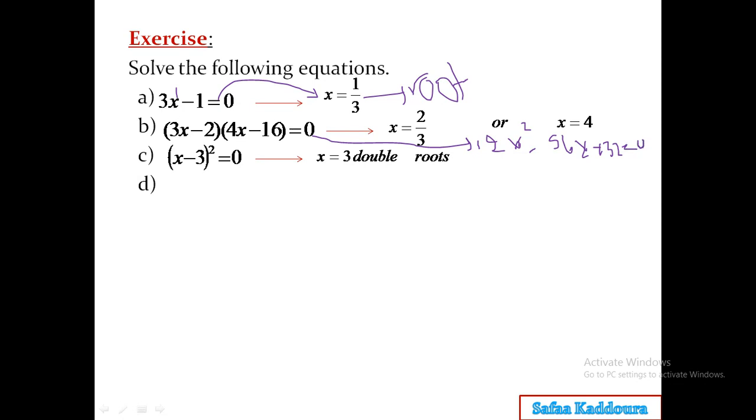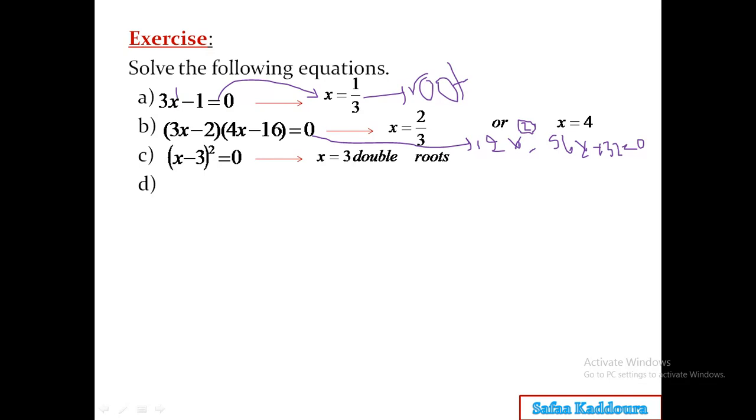So it is a quadratic equation. It may have two roots, or one double root, or no root. We will explain them later.